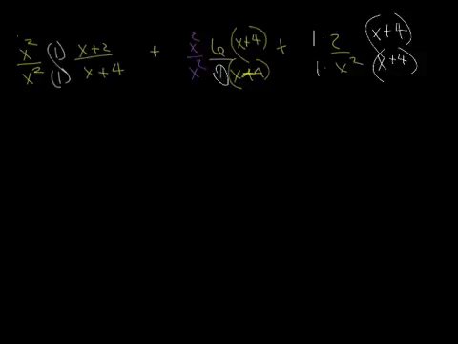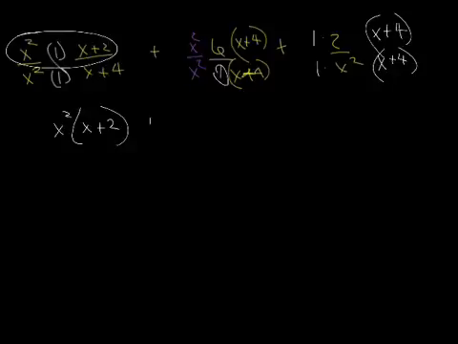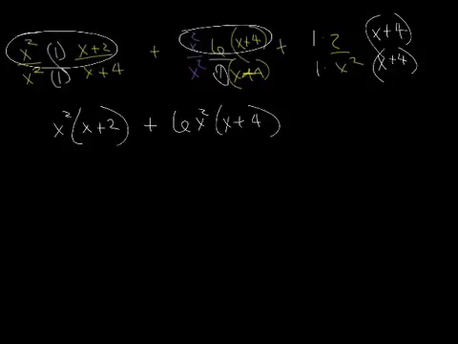Alright, so let's see what we've got here. I've got an x squared times x plus 2. I have a 6x squared times x plus 4. I have a 2.